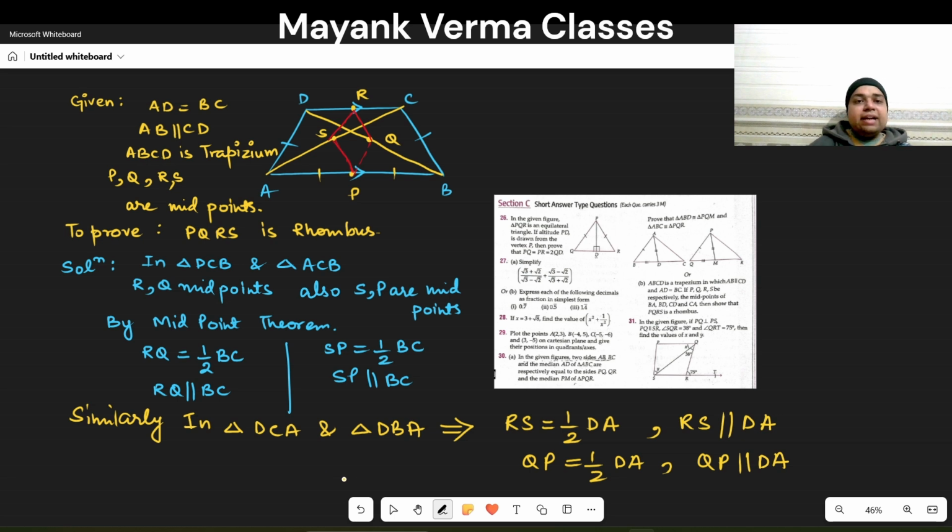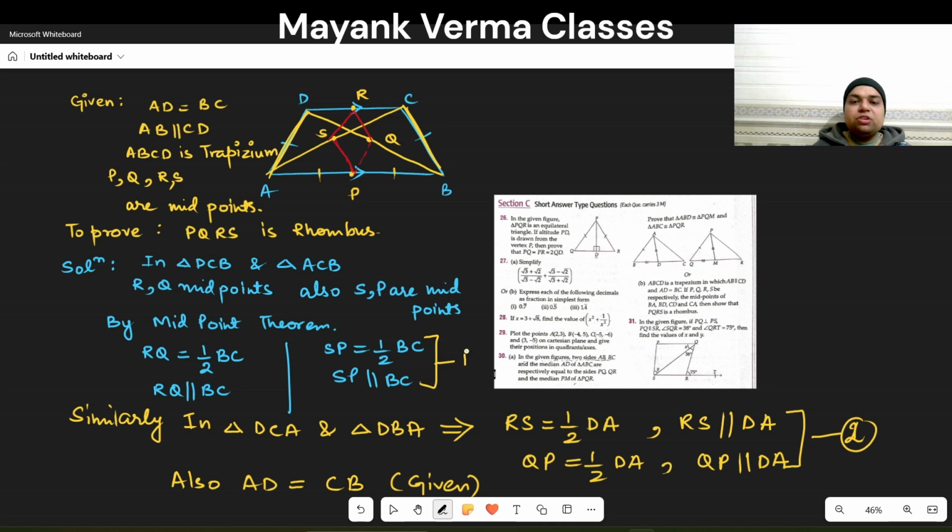We also know that AD is equal to CB. This is given to us, right? So you can say this is equation 2, and let's say this whole thing is equation 1.